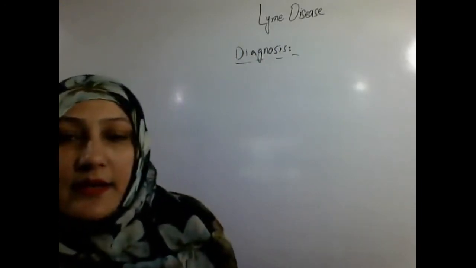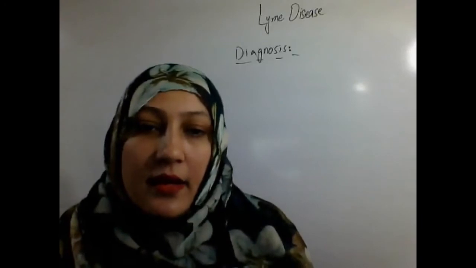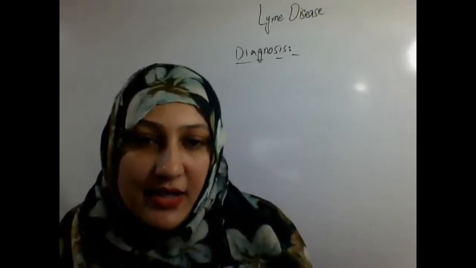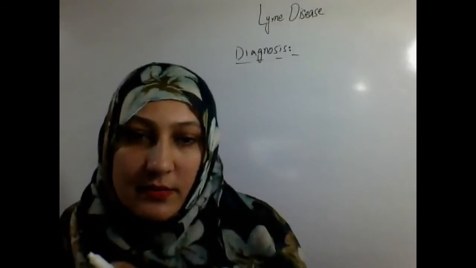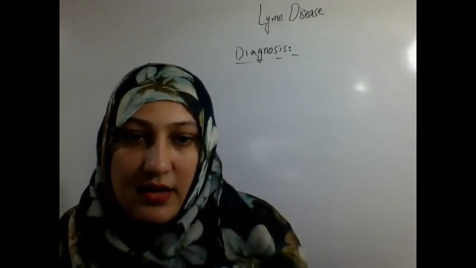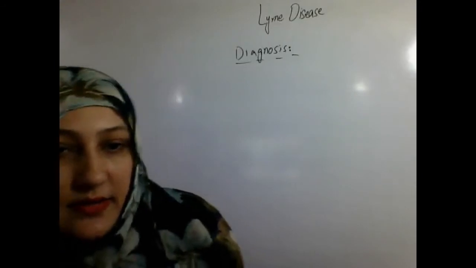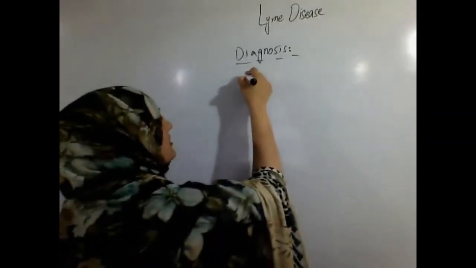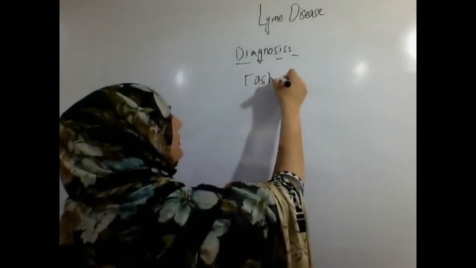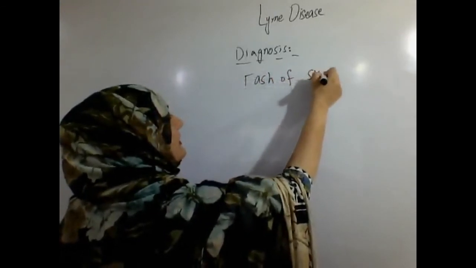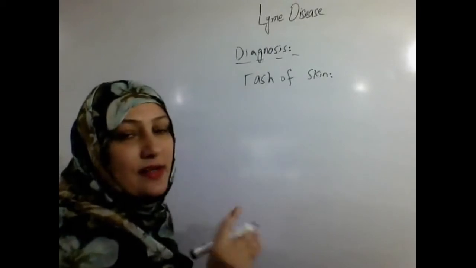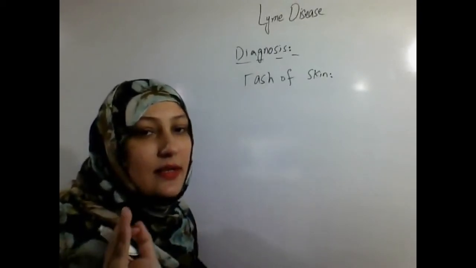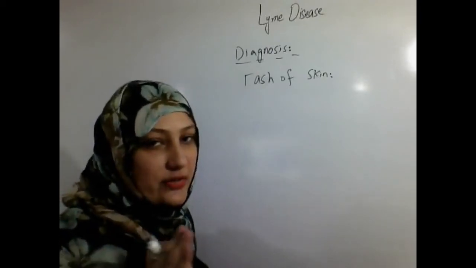There are many diagnosis ways. If a skin rash is present on the skin, then by the naked eye we can diagnose that Lyme disease is present. The rash, the presence of rashness or redness on the skin, is the sign of Lyme disease in the patients.